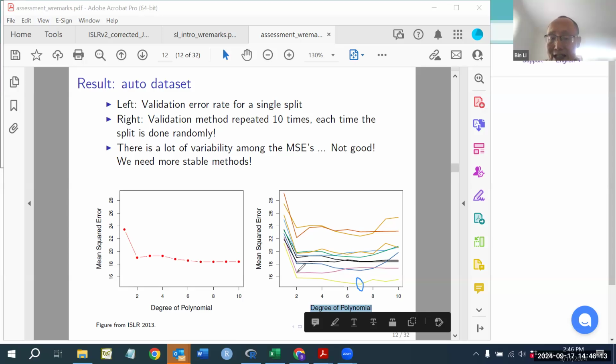But what about the second lowest? Probably it's this one, where degree 2 is the best, because that's the lowest. So you can see it gives us lots of random variation. That's no good. We need more stable evaluation results, right? So that's the problem with using the validation approach.